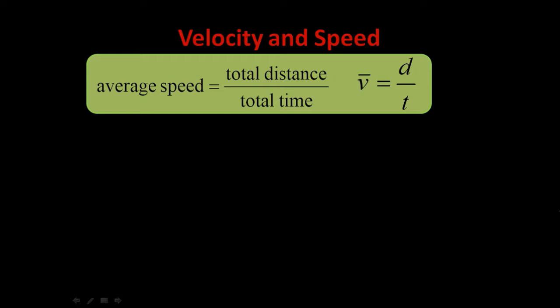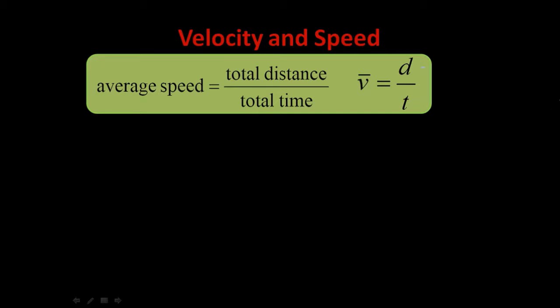Speed, you see, is a scalar. It doesn't have any direction associated with it. Your car, for example, has a speedometer. It measures how fast you're going. It doesn't tell you what direction you're going. If it told you both, then I guess it would be a velocitometer or something like that. And to calculate speed, we take the total distance that you traveled and we divide it by the total time.